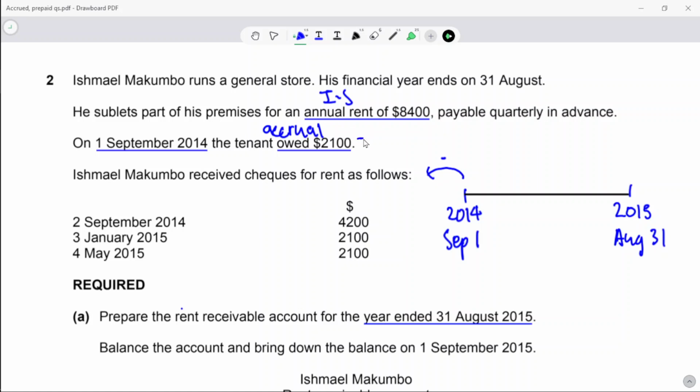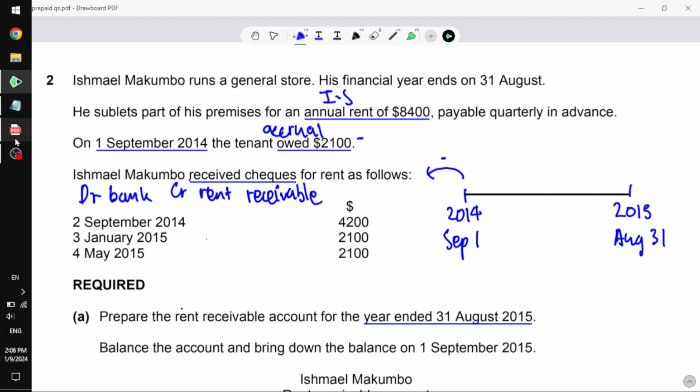Then he received a cheque, so the entire thing is debit bank, credit rent receivable.